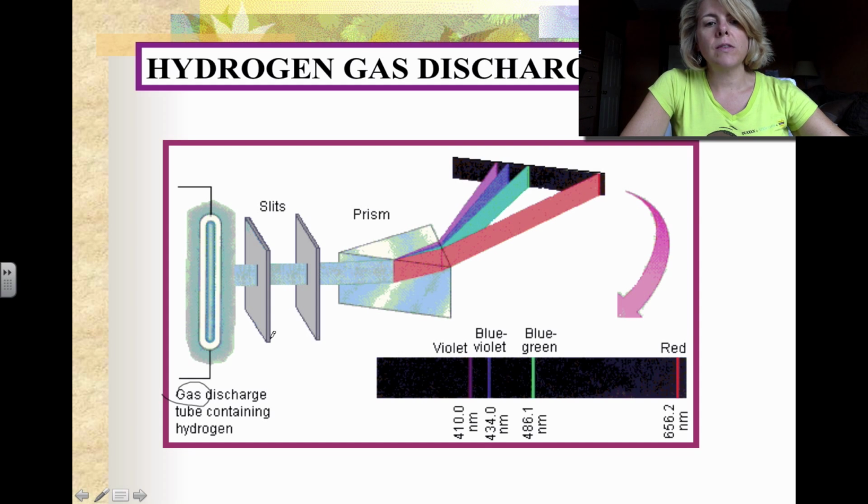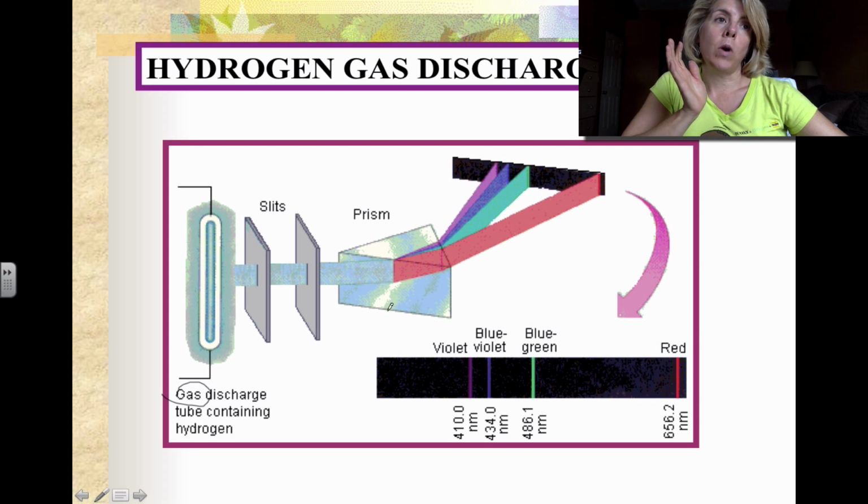There's essentially 2 slits, and the slits help to modify the type of light that's coming through. You need a prism, because the prism is going to bend the light depending on what wavelength of light we're talking about. And notice that we have violet light all the way down to red. And the NM stands for nanometers. So we're talking about very tiny wavelengths of light.